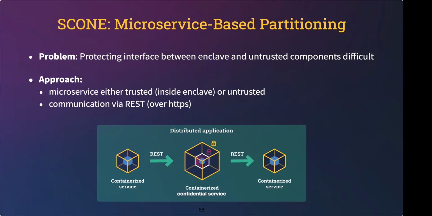Those that are not don't need to be confidential because they don't have any interesting data, or any secrets or code that need to be protected. You run them natively. So our approach is typically to use microservices and then decide per microservice if it should be confidential or not.